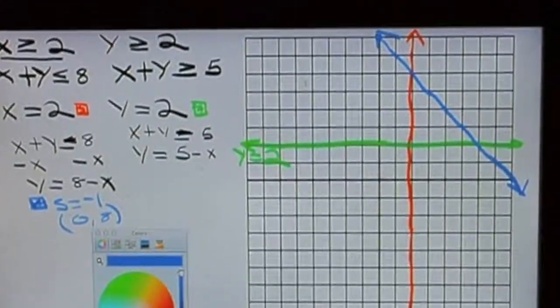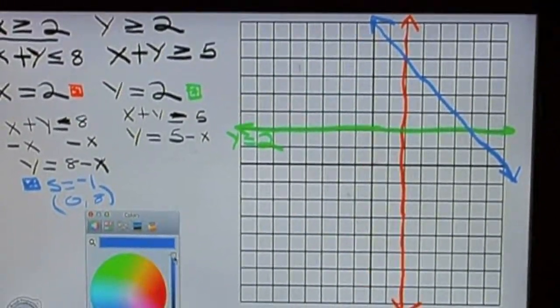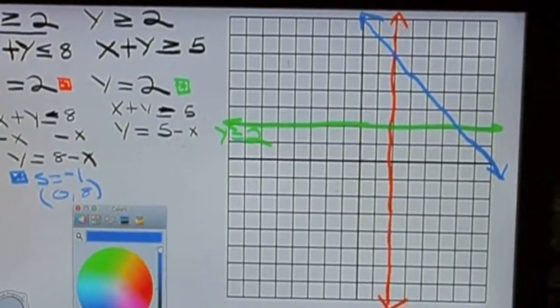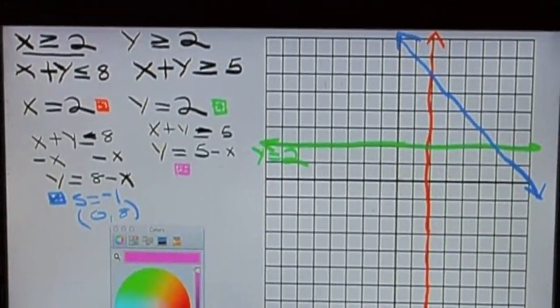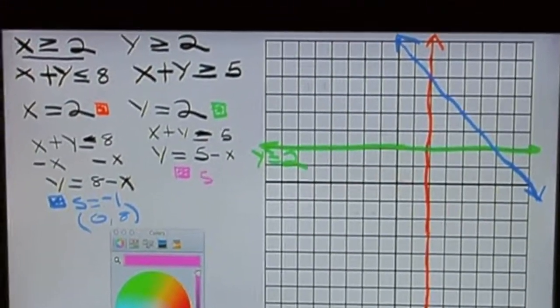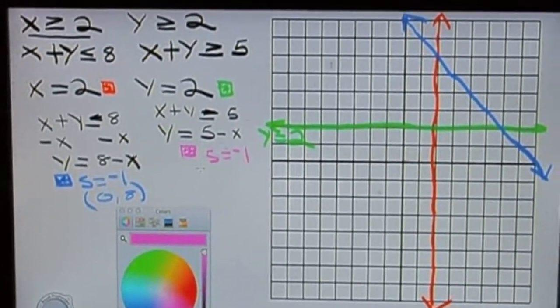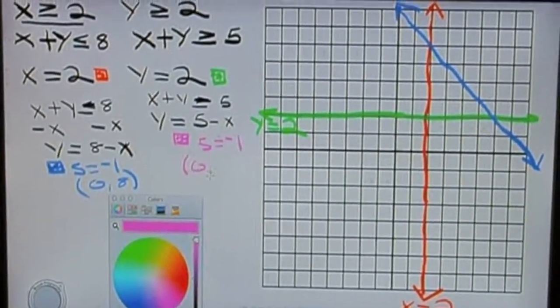Okay. So then, we almost have all of the lines. So then, we'll graph the last one in pink. Your slope is also going to be -1. The only difference is your intercept is going to be 0, 5.